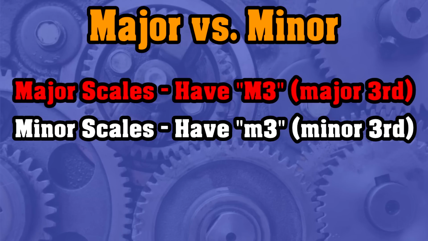You can tell if a scale is a major type of scale or a minor type of scale simply by looking at the third. Major scales contain a major third, minor scales contain a minor third. Here are some examples of major types of scales.